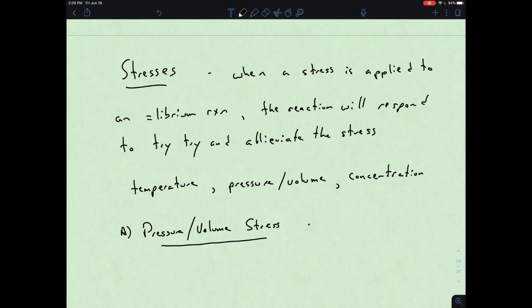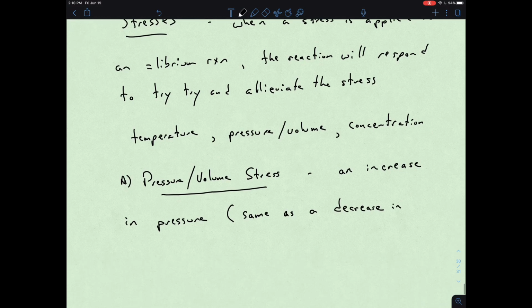So basically, we can say that an increase in pressure, and realize that that is the same as a decrease in volume, will cause an equilibrium reaction to shift to the side with less moles of gas.